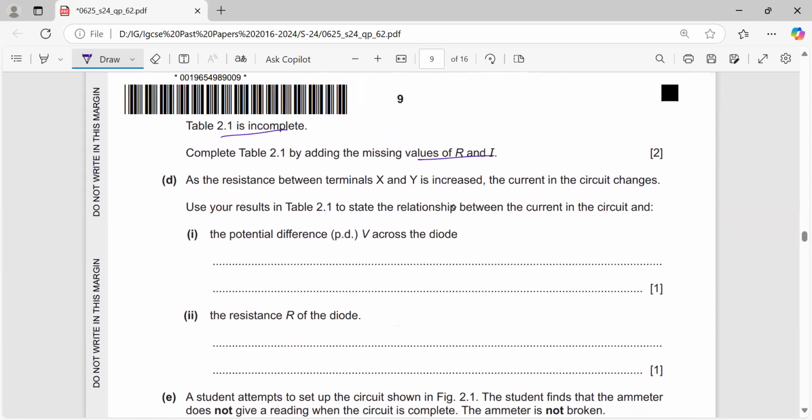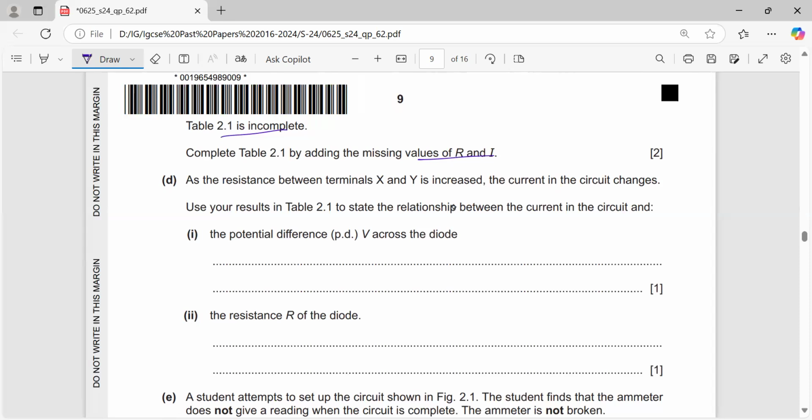As the resistance between X and Y is increased, the current in the circuit changes. Use your results in table 2.1 to state the relationship between the current in the circuit and the potential difference V across the diode. Resistance in the terminals changes, the current in the circuit changes.